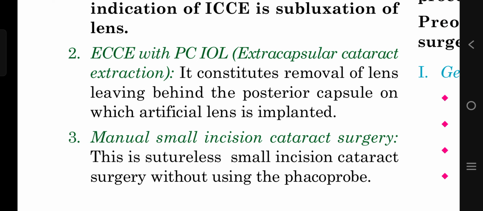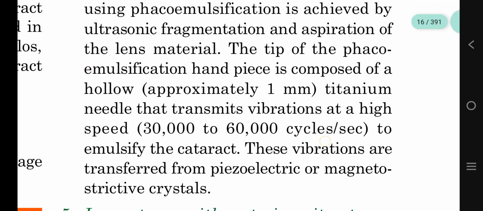So, cataract removal using phacoemulsification. In this, there is ultrasonic fragmentation and aspiration of lens material. The tip of the phacoemulsification handpiece is composed of a hollow titanium needle with a diameter of about 1 mm that transmits vibration at a high speed, around 30,000 to 60,000 cycles per second, to emulsify the cataract.